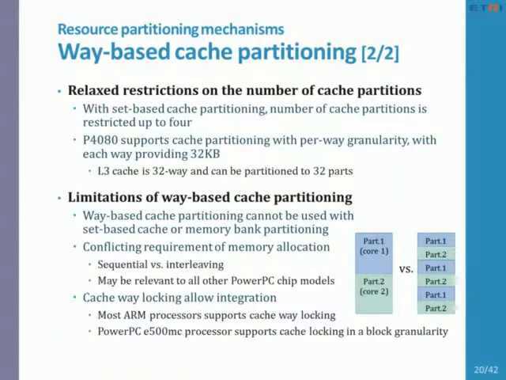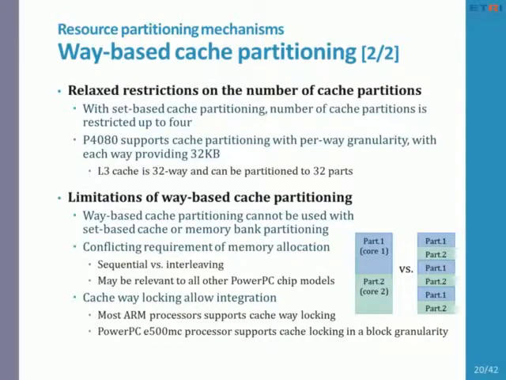It's different from the set-based cache partitioning. So with the way-based partitioning, we can relax the restriction on the number of cache partitions, but way-based cache partitioning cannot be integrated with set-based cache partitioning or memory bank partitioning because they use page coloring. Here's the reason.